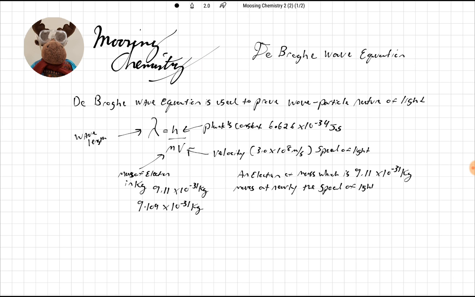Remember that an electron is made up of things called leptons, so it's actually kind of a particle, but it does have a wave nature to it. So it moves nearly at the speed of light.